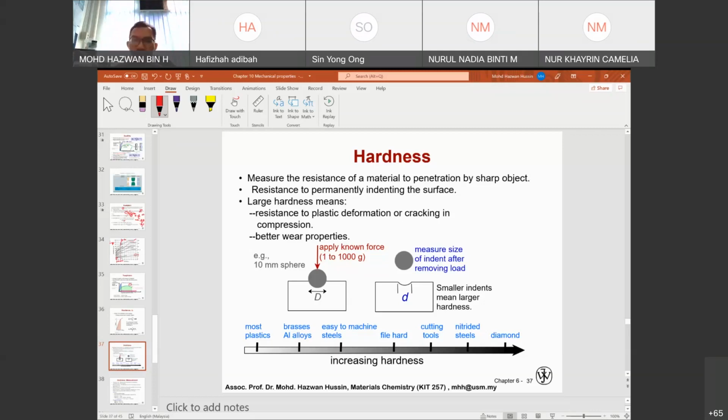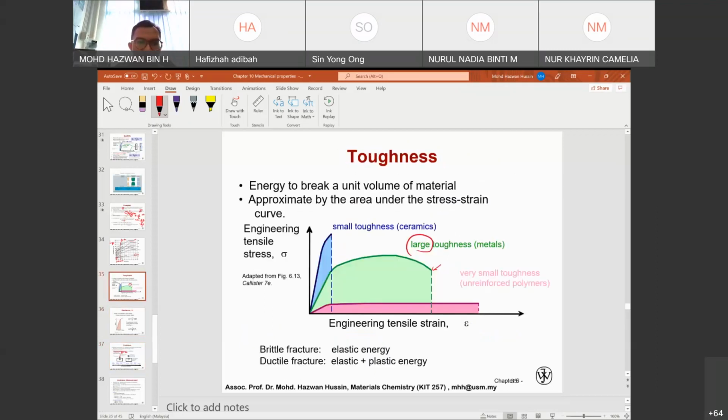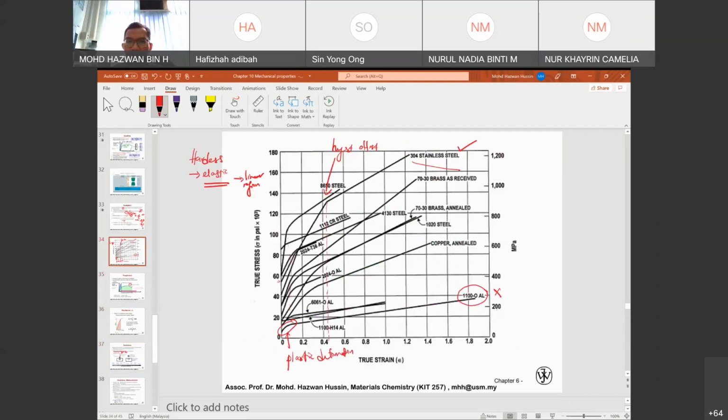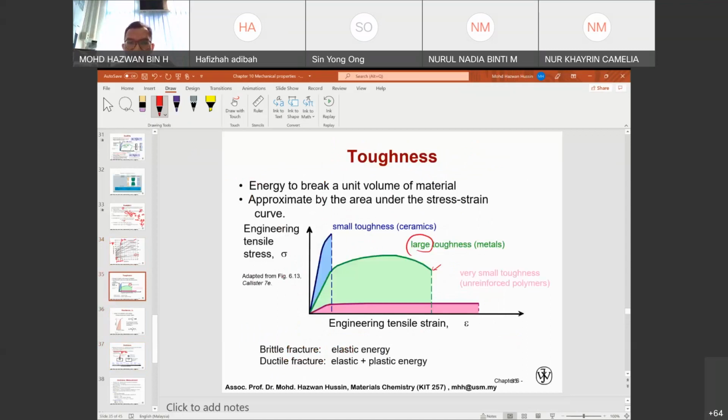So as what I've told you earlier, the hardest material is actually having higher elastic. So it means that it has a resistance to plastic deformation. If we look to the previous examples over here, why SS stainless steel 304 is the hardest is because it has quite huge amount of elastic range before it become plastic, right?